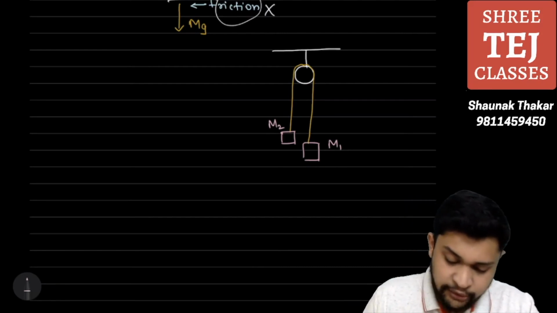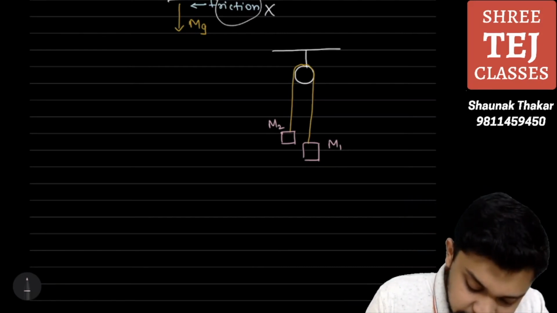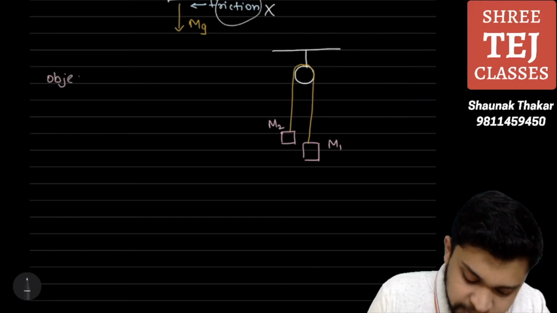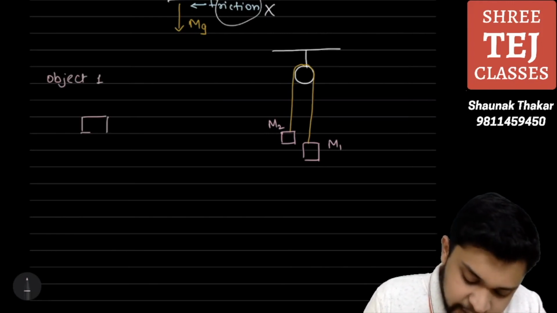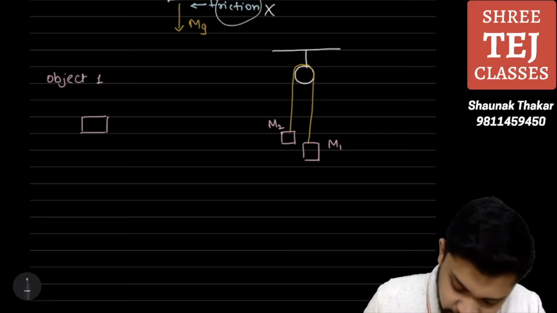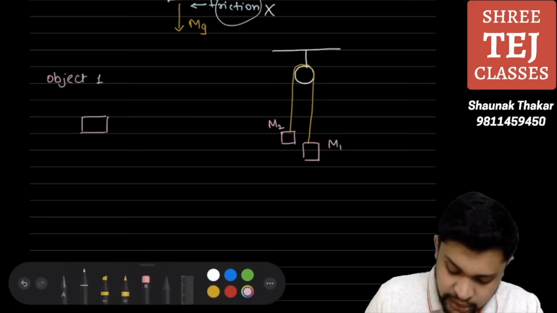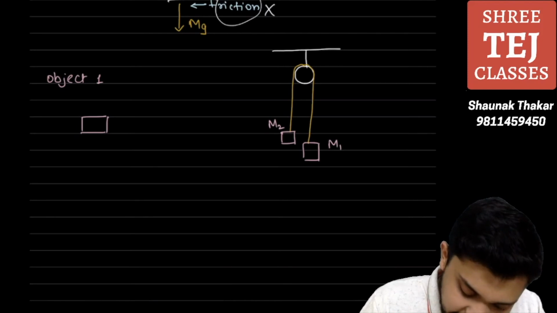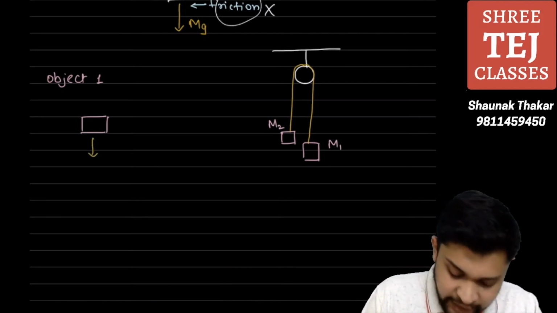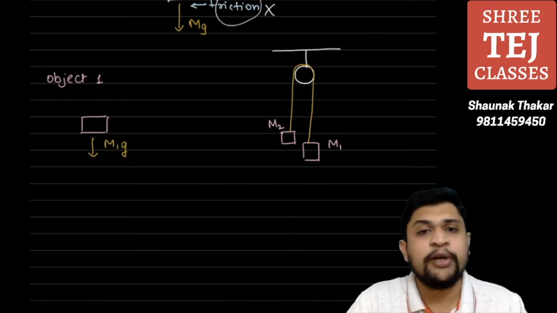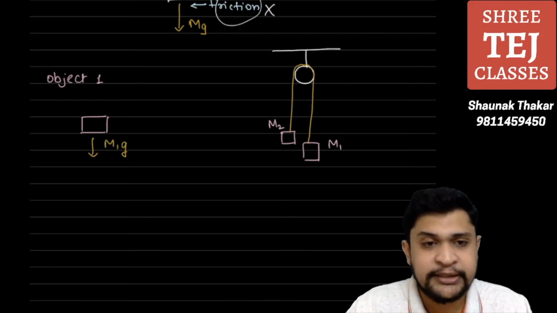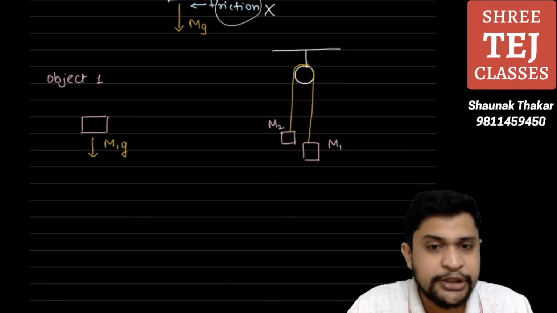So let us draw free body diagram for object 1. So we have object with mass m1, therefore the first force that will be acting on it will be force of gravity. That will be of the value m1g. Mass is m1 and acceleration due to gravity is g. So this force is m1g.